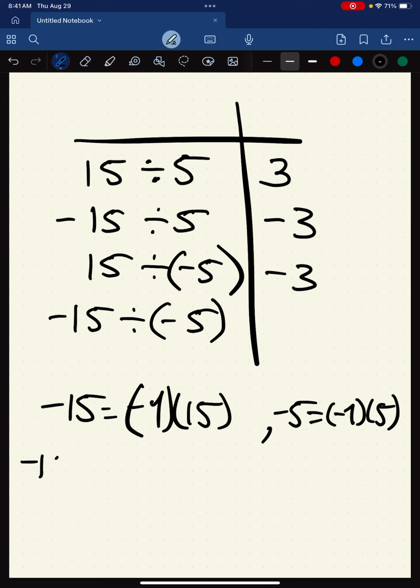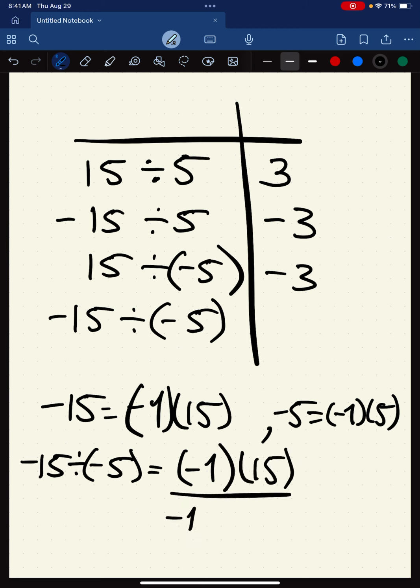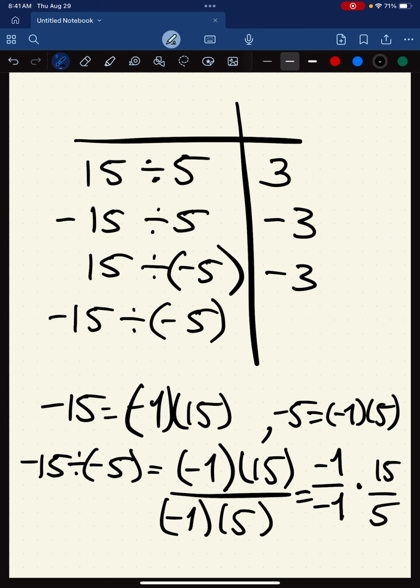So negative 15 divided by negative 5 is going to be negative 1 times 15 divided by negative 1 times 5, which we can break up into negative 1 divided by negative 1, times 15 divided by 5. Anything divided by itself is just 1, and then 15 divided by 5 is 3, which just leaves us with 3.